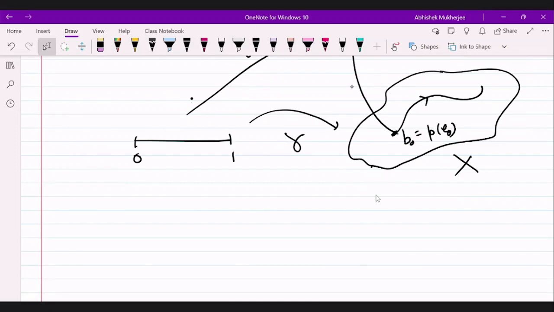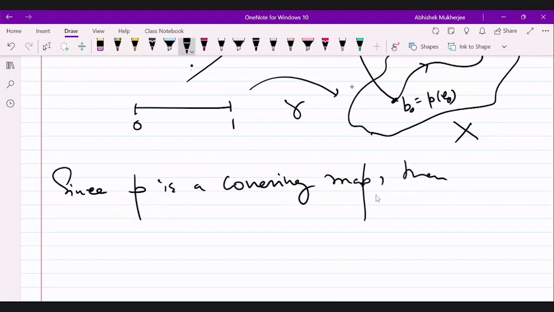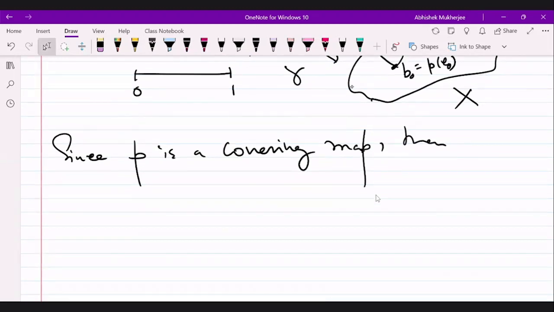I'm just giving you a sketch of that. Since P is a covering map, you can always construct an open cover of X, right?